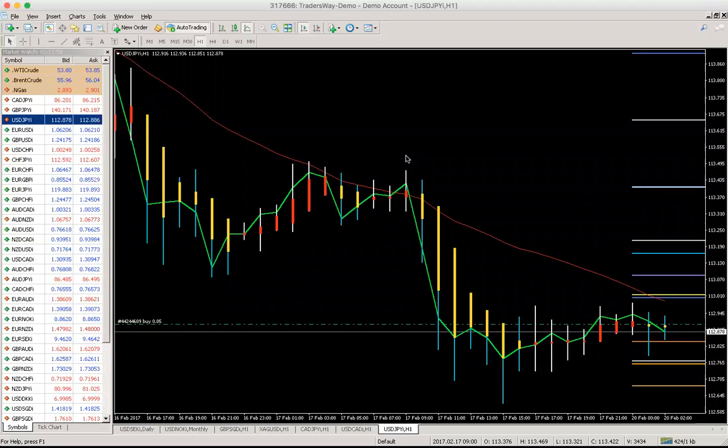Okay, we're looking at UJ now. Let's take a look here. And you see those lines on the right-hand side? Those are the pivot points. By the way, those are Heikin Ashi candles.